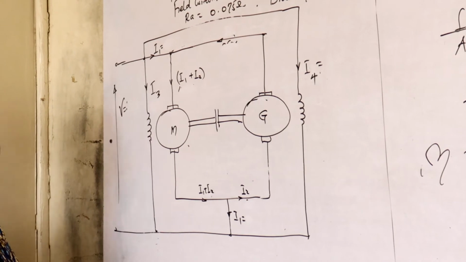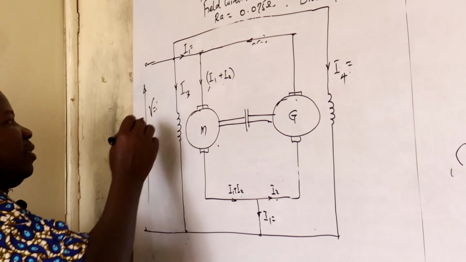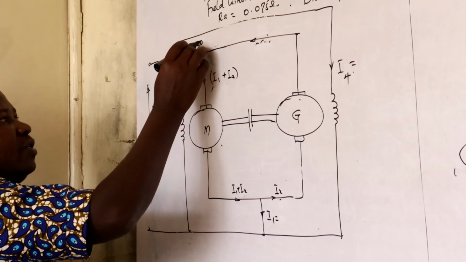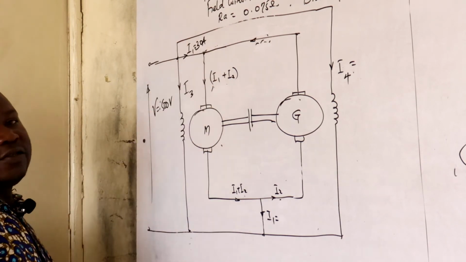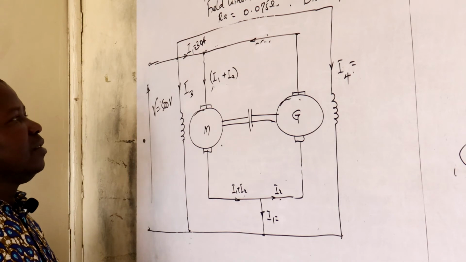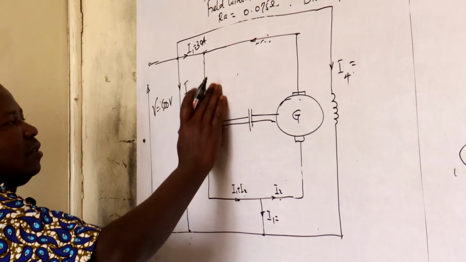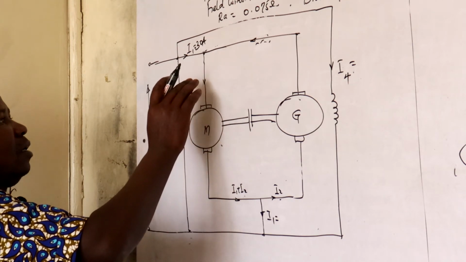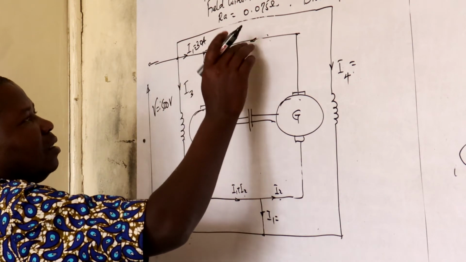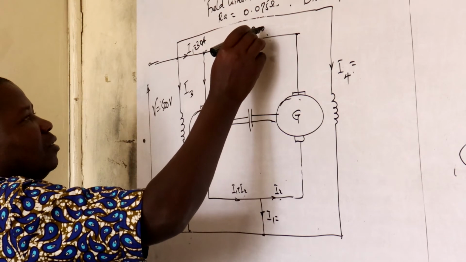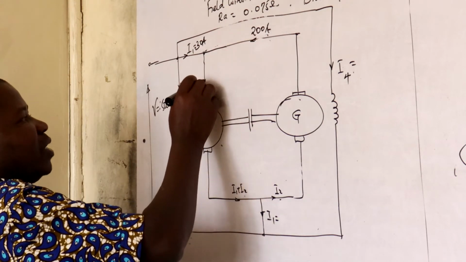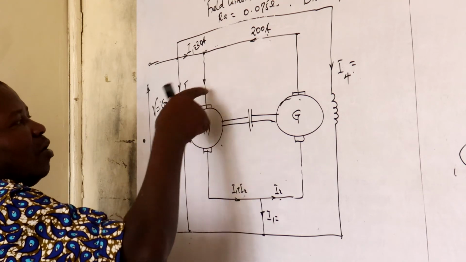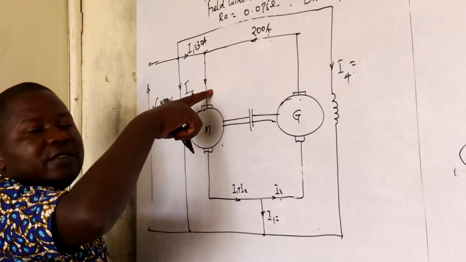So that's the drawing. Let's just substitute the values first. Here is 500, right? The auxiliary current is 30. Generator current is 200. So how much is getting inside here? 230.